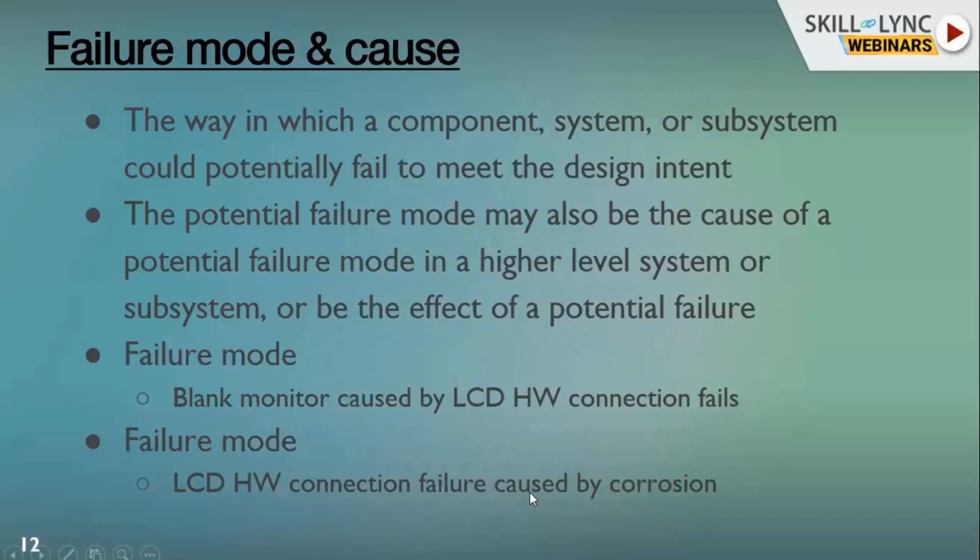So here the cause is the corrosion and the failure mode is the hardware connection failure. On the top one, blank monitor is the failure mode and the cause is the hardware connection failure. So you have to be careful when you're doing a very complex analysis.